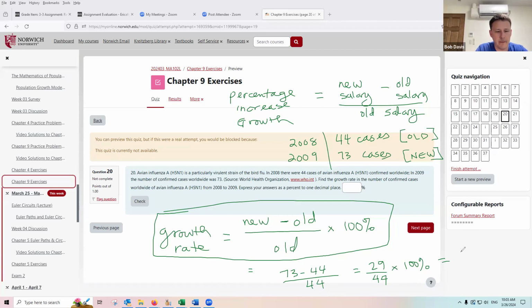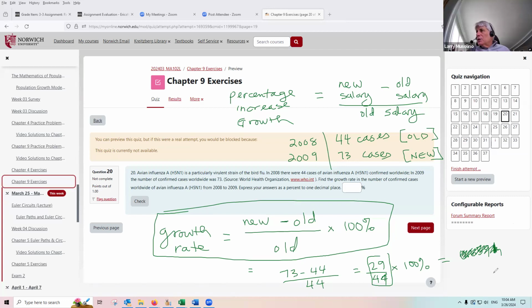Okay. So here's what I got: 0.6591. I'm going to write this out to many decimal places to start with, let's say 5 decimal places, because I'm going to round at the very end, according to what the problem tells me.